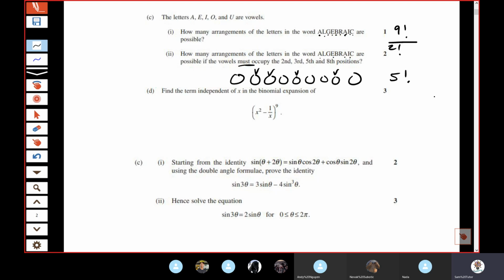So does anyone know what we're going to multiply it by? 4 factorial. You're just going to say each one of those vowels can move. So 4 factorial over 2, because of the fact that you've got the same A's. That's the answer.